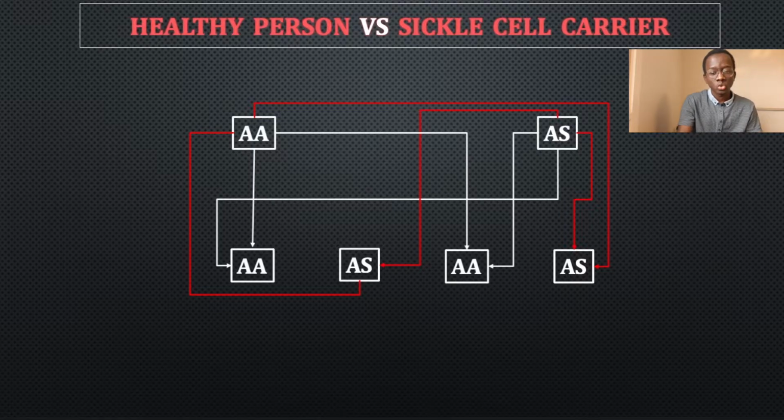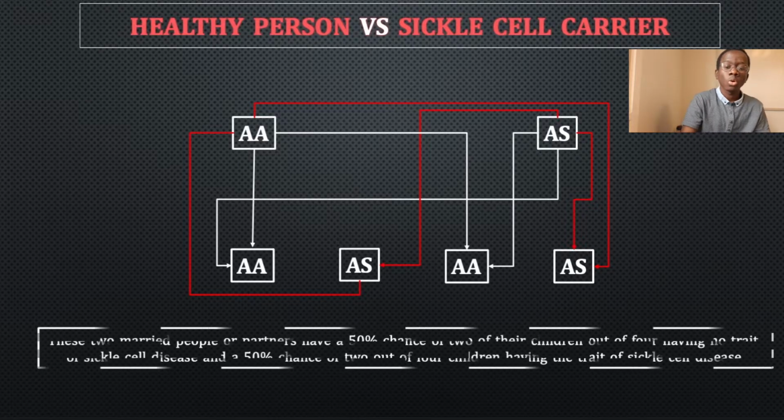With the combination of AA and AS, there is a 50% chance of having a child who is a carrier and a 50% chance of having a child who doesn't have sickle cell disease. So in other words, there is a 50% chance of having a healthy child. And if it is 4 children, 2 will be healthy individuals, while 2 children will be carriers of the disease.